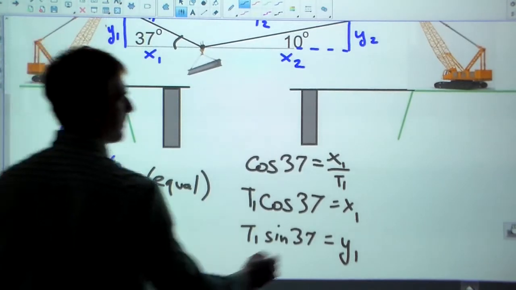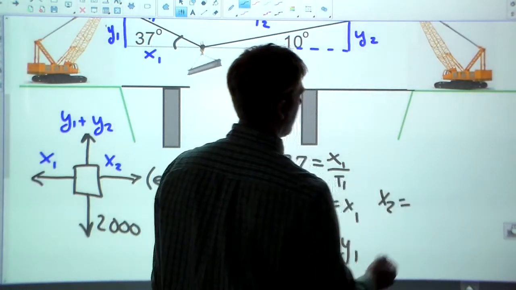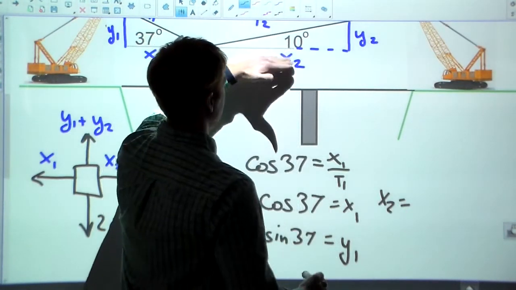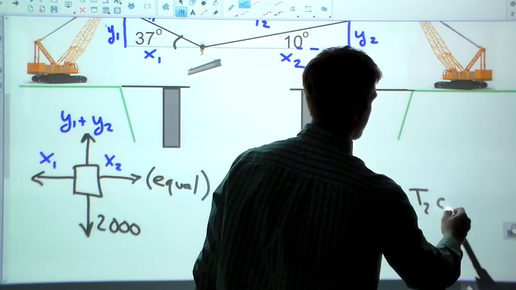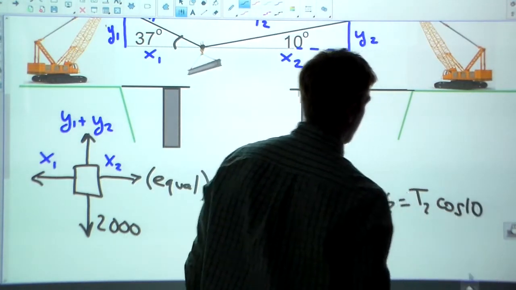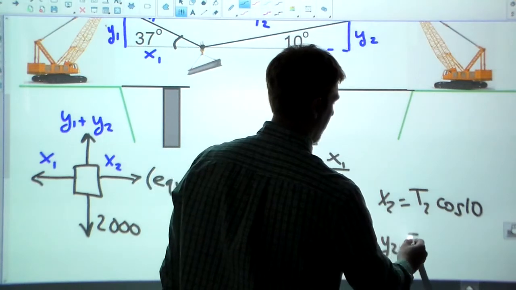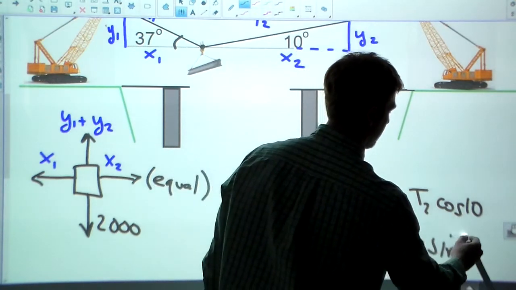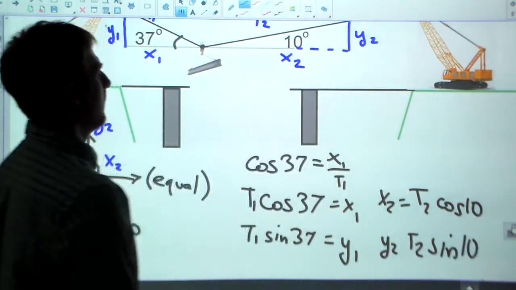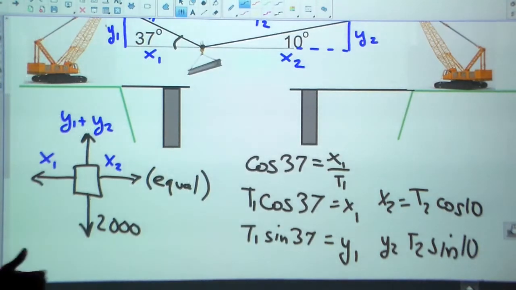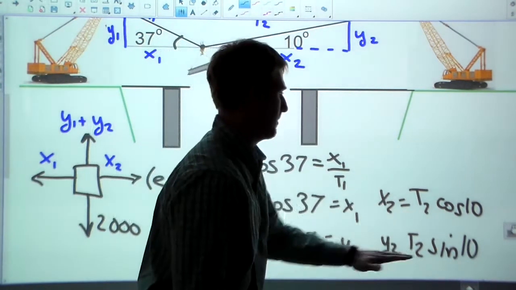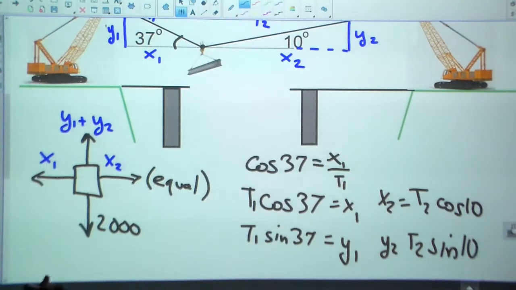If I want to figure out x2, set up your cosine relationship. It's going to end up being t2 cosine of 10. And y2 is going to end up being t2 sine of 10. So it's kind of like a chart. There are about four equations that really help me figure out the tension.